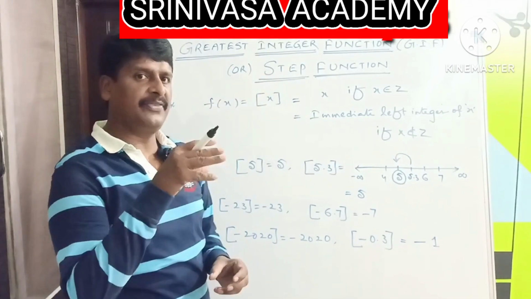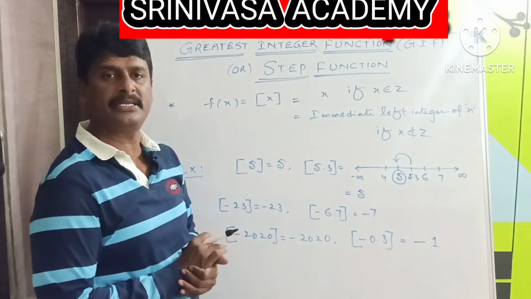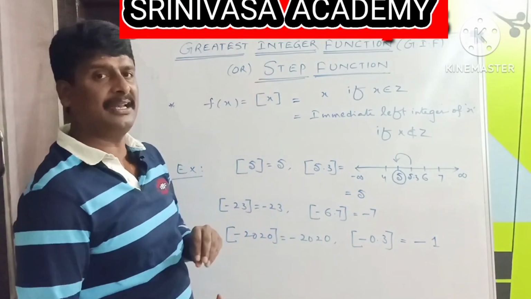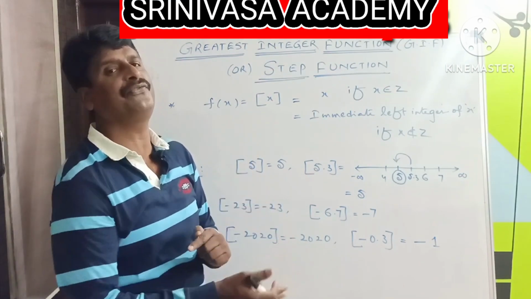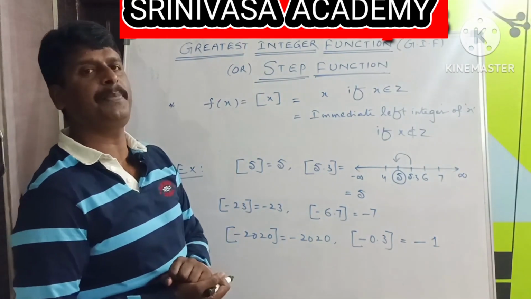Suppose whichever integer we have considered in step bracket will come out as it is. If it is other than integer, on the real line its immediate left integer we have to consider. That is the definition of step x.